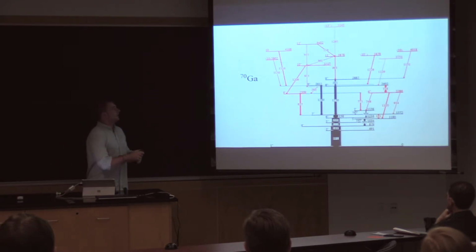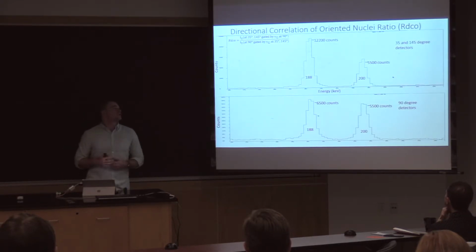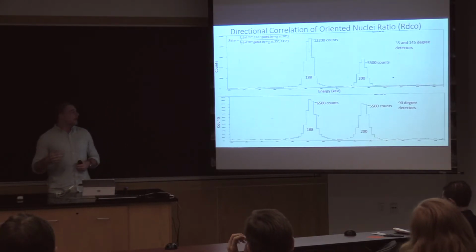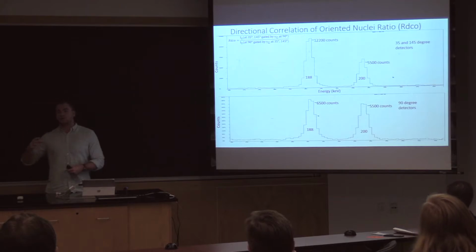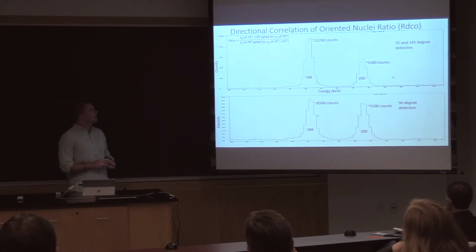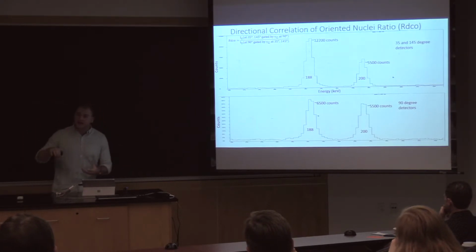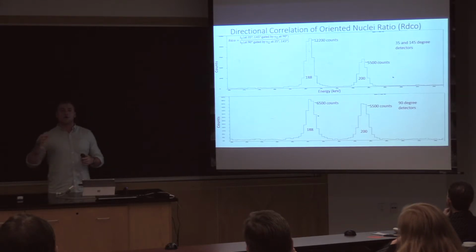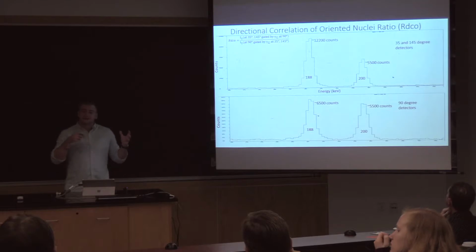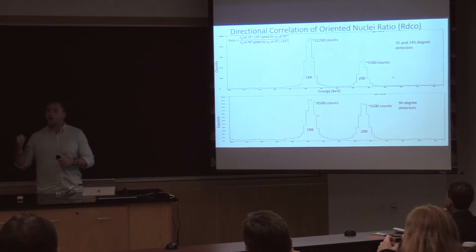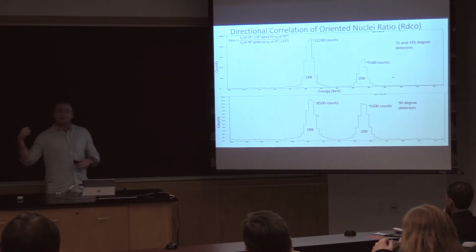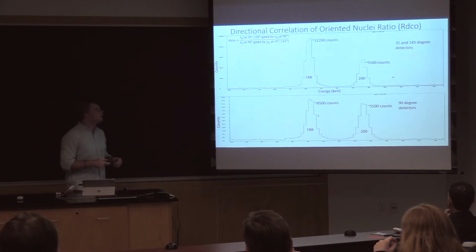Well, we used a technique called directional correlation of oriented nuclei ratio, or DCO ratio for short. This comes from an extremely complex angular theory that basically says, depending on the angle our detector is from the beam, the carbon-14 beam, we will see different intensities for gamma rays given off by the gallium-70 nucleus that was created.